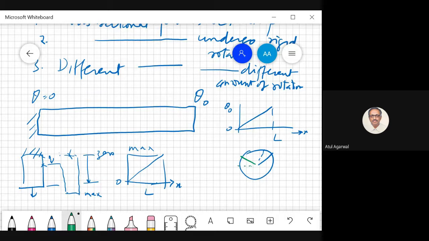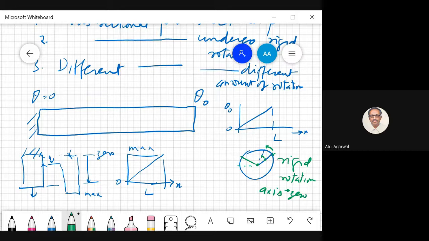All lines will rotate by an equal amount. So this is rigid rotation. What is the displacement of the point at the center, at the axis? The point here will go the maximum distance. The point here will go less distance. So the point at the center goes zero distance. The axis point goes zero distance.